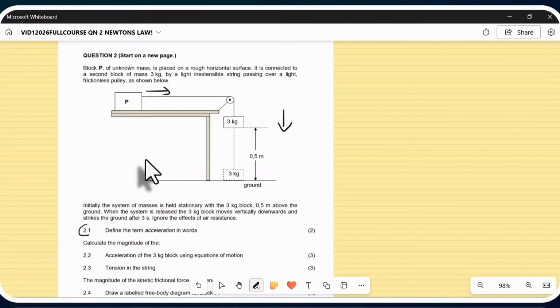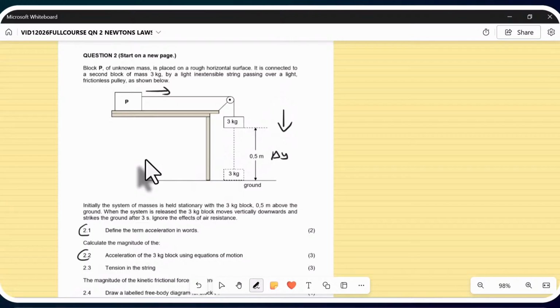Because it was held stationary, v initial was 0, so this is 0 times the time taken, which is 3 seconds to hit the ground, plus 1 over 2 times this acceleration which I'm looking for, times 3 squared. So now this is 0, this is 0.5.